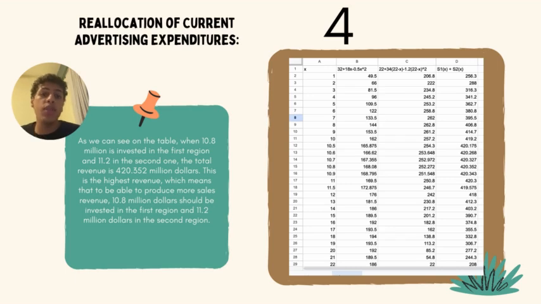So we can assume that approximately $10.8 million should be invested in the first region and $11.2 million in the second region, which basically means transferring $200,000 from the first to the second region.